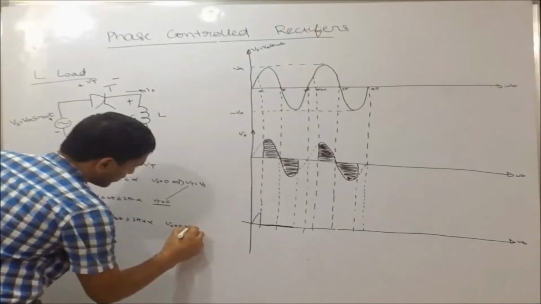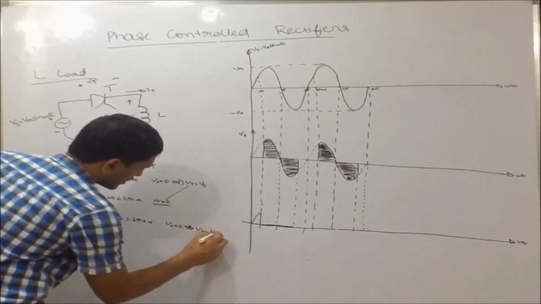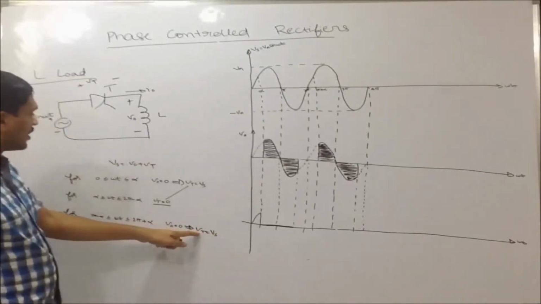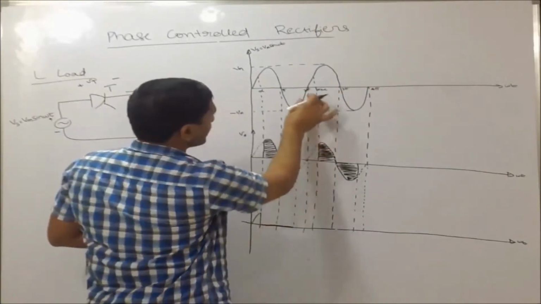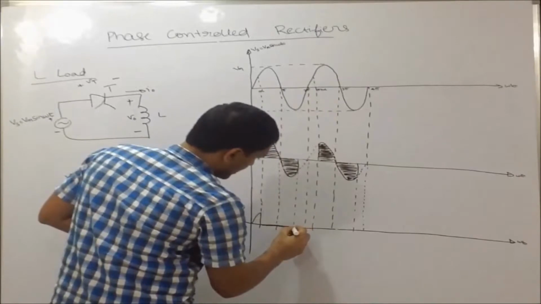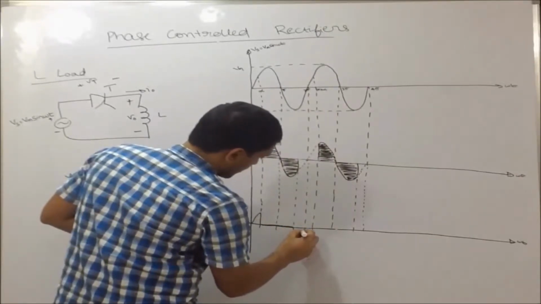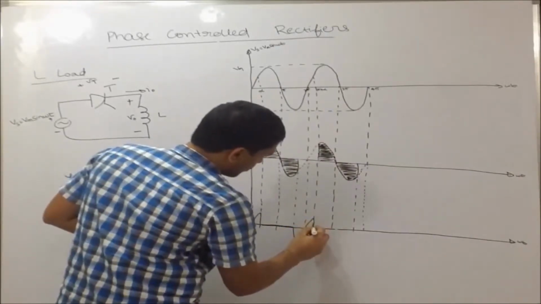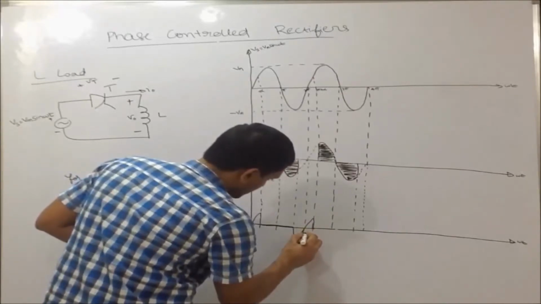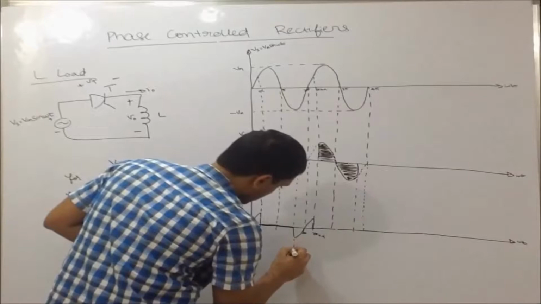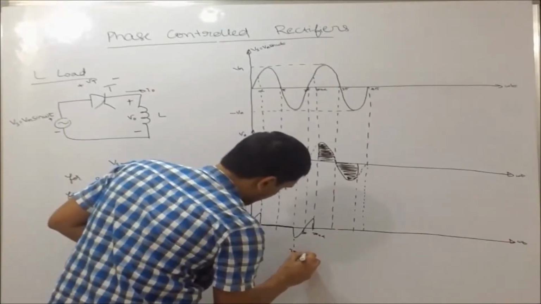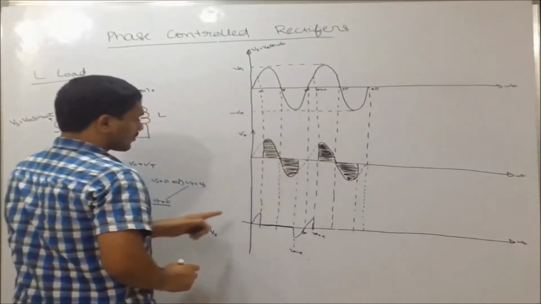So what I get is Vt equal to Vs. The voltage across the thyristor is the same as the supply voltage. Here it is negative, so I get the negative part of the supply voltage. And after 2 pi, it is positive. This is 2 pi, 2 pi plus alpha. This is 2 pi minus alpha.